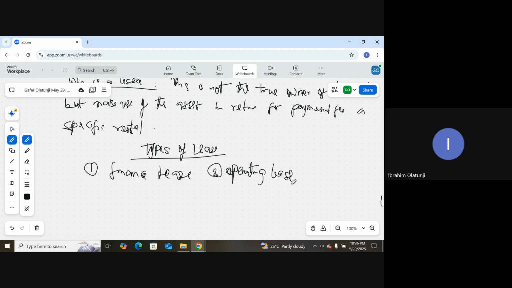And that rental payment will cover the full cost of the asset plus the profit margin. Is it clear? Yes. Any question?